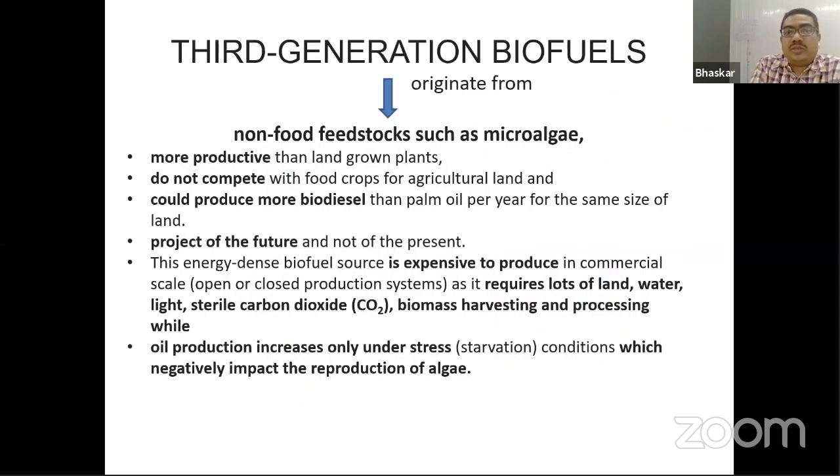So coming to third generation biofuels. So this comes primarily from the microalgae, and this is non-food feedstock. Of course, microalgae has been used as an animal feed also. So they are more productive. So more amount of microalgae can be produced in a small land area.